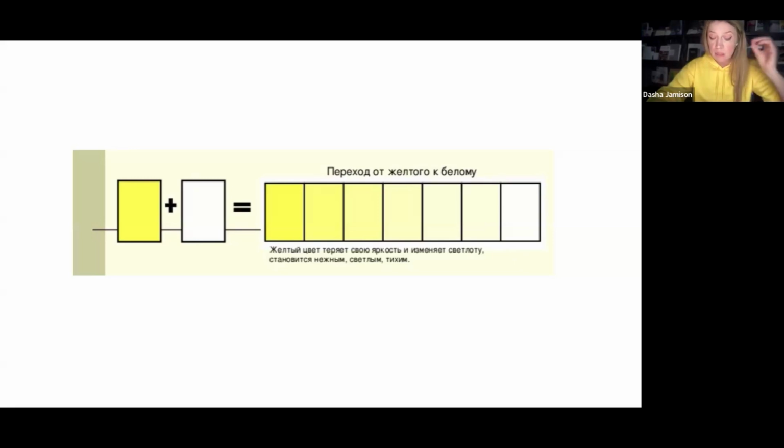It can, due to its pigment, become more saturated, but yellow with even the slightest exposure, so here's yellow more saturated, but yellow with the slightest exposure to a cool color, in our context blue, loses its yellow quality and takes on a completely different resonance, a calmer greenish tone.